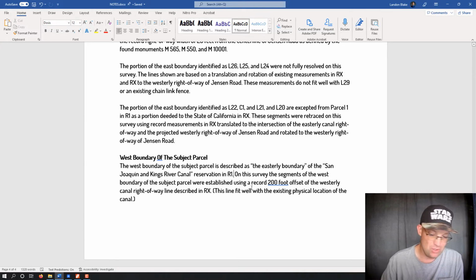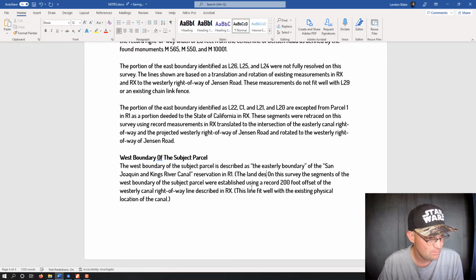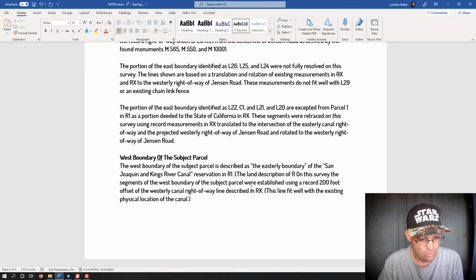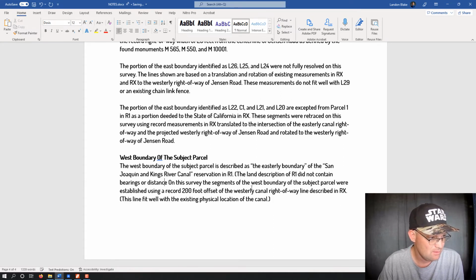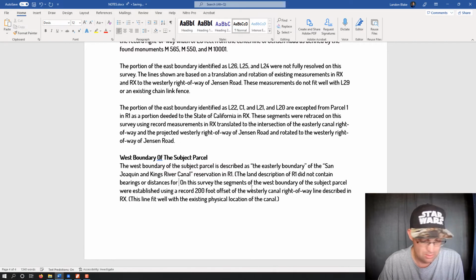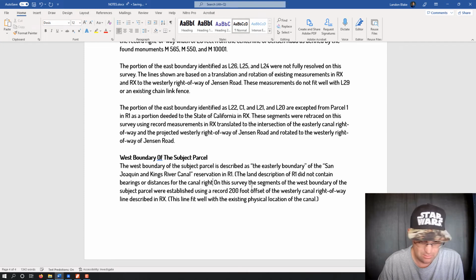So I might just add a note here. We're going to say in parentheses, the land description of R1 did not contain bearings or distances for the canal right-of-way.